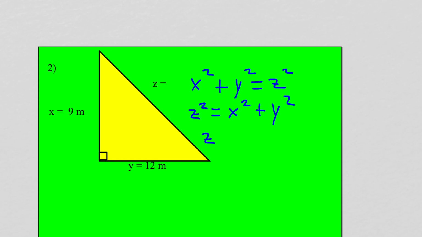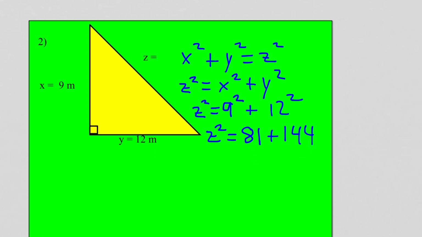z squared equals x is 9 squared plus y is 12 squared. And we keep working down the page. z squared equals 81 for 9 squared plus 144 for 12 squared. And then we keep simplifying that. z squared equals 81 plus 144 is 225.